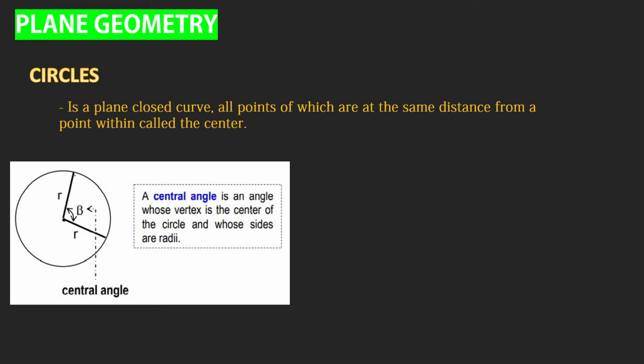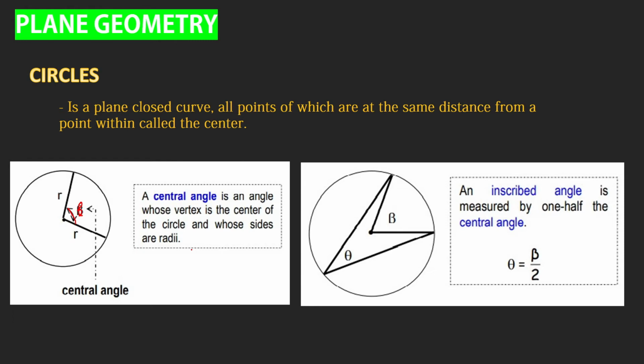Ito yung ating central angle, beta. The inscribed angle is measured by 1/2 of the central angle. Okay, tandaan nyo po yan. Yung kalahati niya is the inscribed angle. Okay?